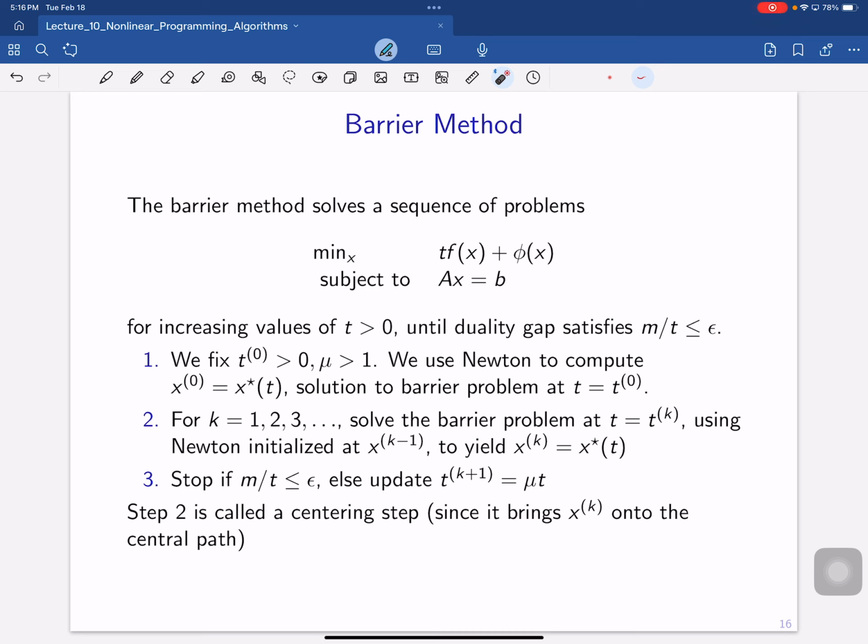So therefore, there are actually two loops in the barrier method, right? The outer loop is you are gradually increasing this number t, right? And the inner loop is this Newton step loop, right? You are solving a convex problem with equality constraints. Right? So there are in total two loops in implementing the barrier method.